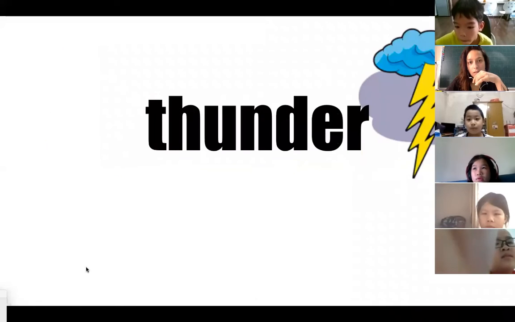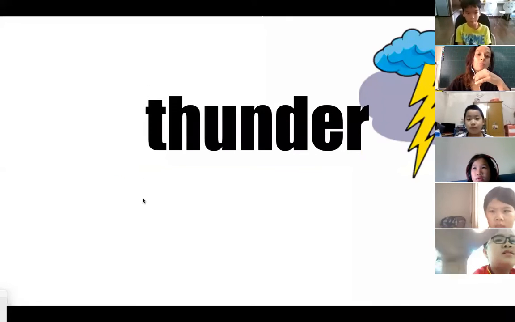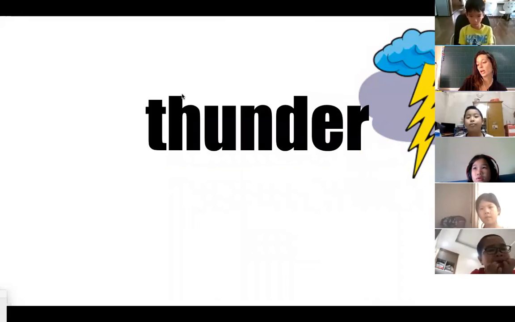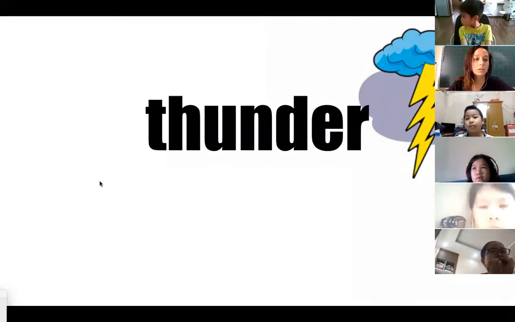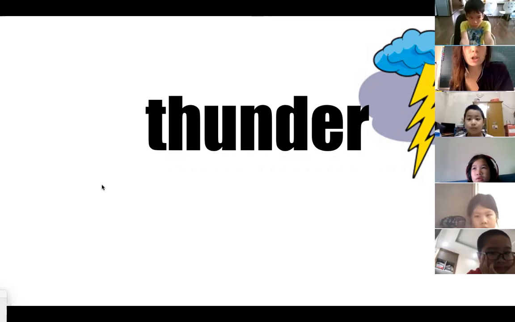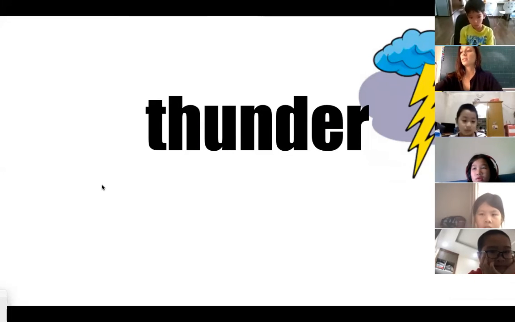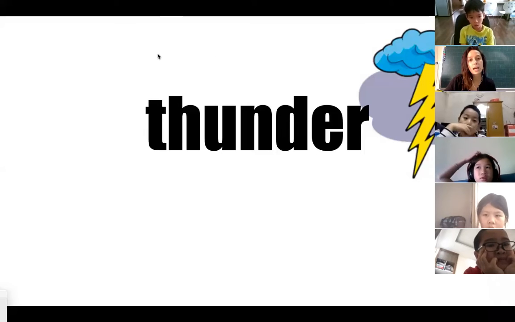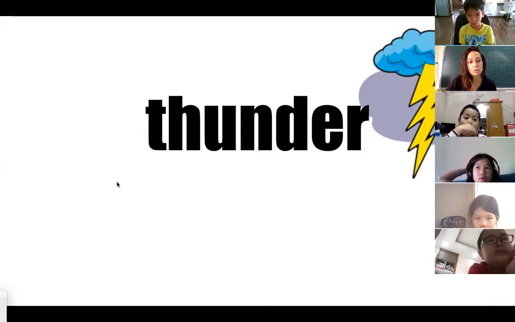All right, let's look at the word thunder. When we have longer words, and we're trying to figure out how to sound out the word, a helpful tool is to break apart the word into syllables and then see what sounds you can see in each syllable. Let's see if we can break the word thunder into syllables.